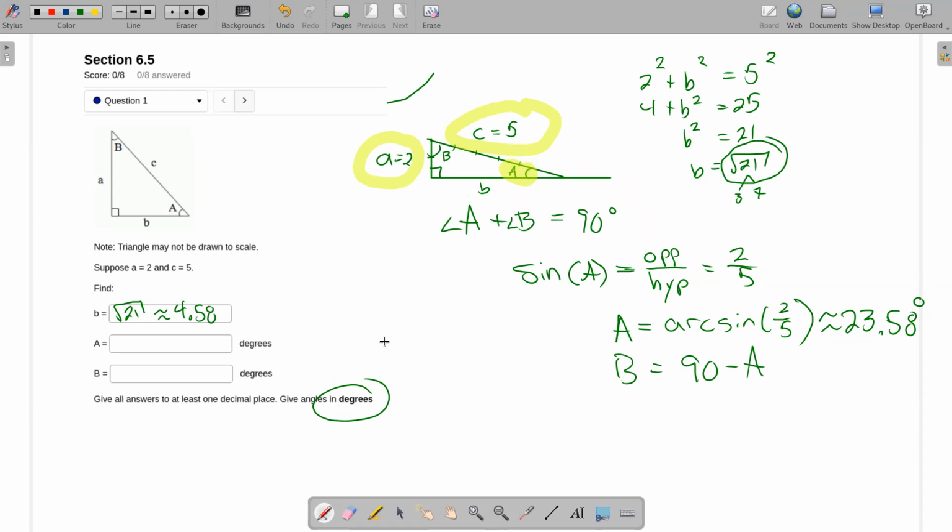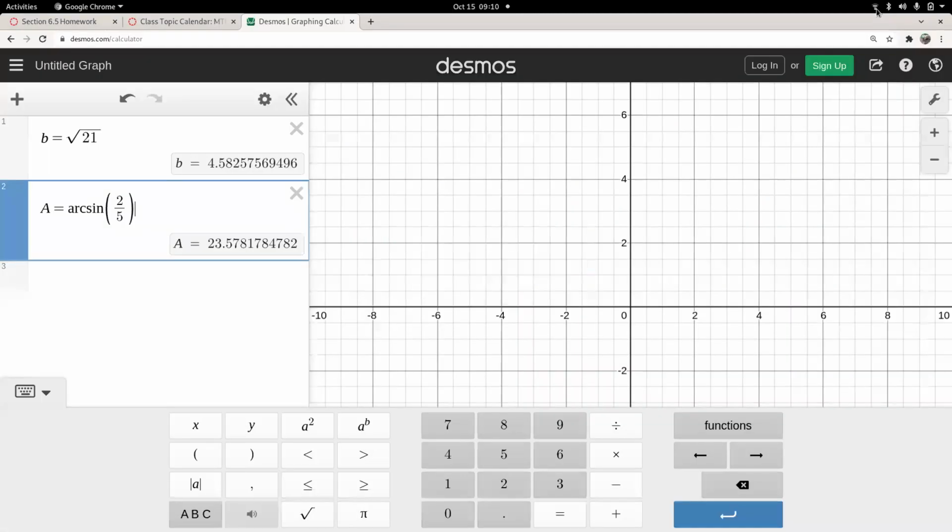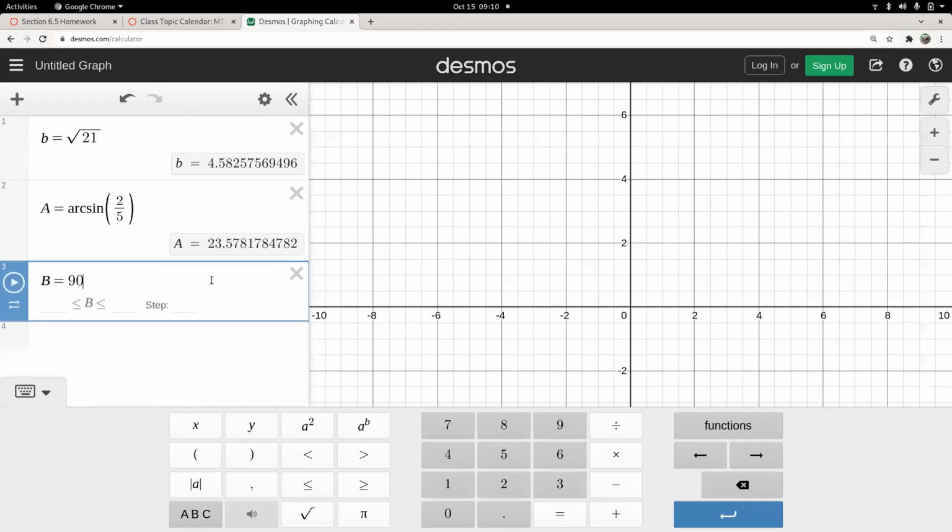All right, so I have numbers that seem reasonable here. I'm going to say this one is about 23.58. And then we just have to see what the remaining amount of degrees from 90 is for that one. So now we just want to know B, or capital B, is 90 minus my answer for A, and I can just call it A because I called it A above.